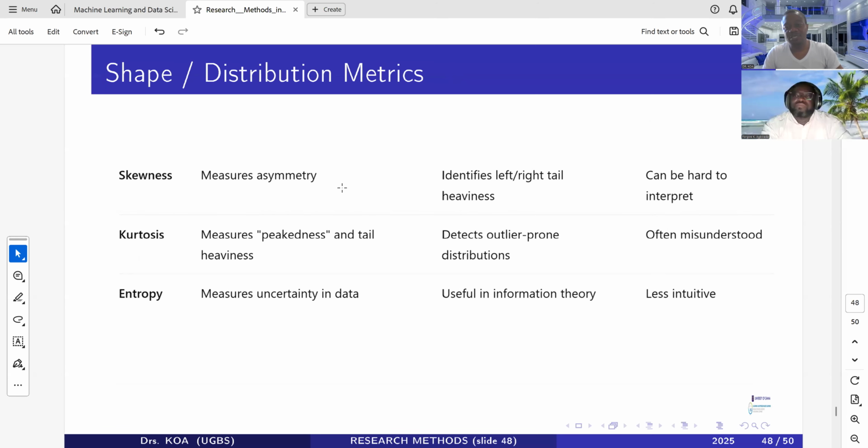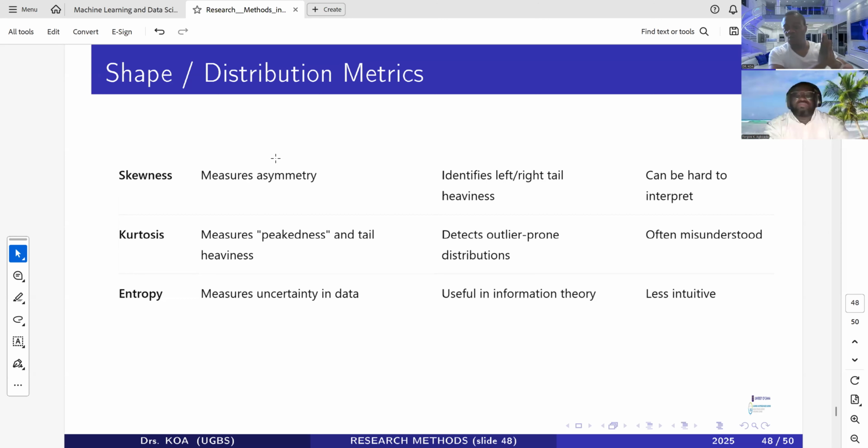Okay, now skewness. Yeah, I've talked about skewness. One thing about skewness is that it's difficult sometimes to interpret, so you use a graph to describe it. Skewness is telling you whether it's a left tail or right tail. And then the peak is the kurtosis, the peakiness. So something can be flat or it can be very, very long.